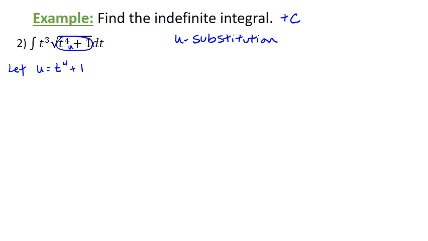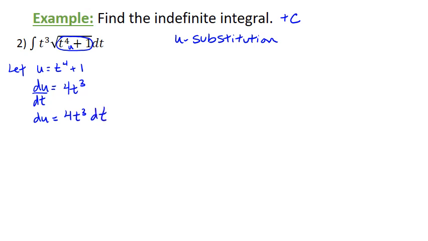So if that is u, then I want to find the derivative of that. So the derivative of u with respect to t is 4t cubed. Then what I want to do is multiply the dt to the other side, so I'm separating the variables. So really, du is equal to 4t cubed dt.